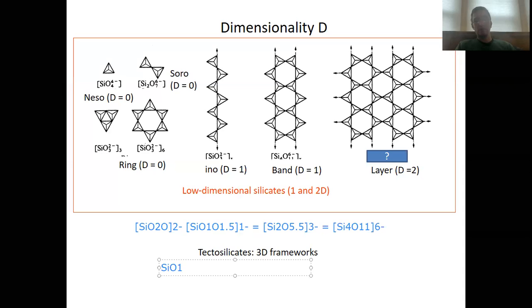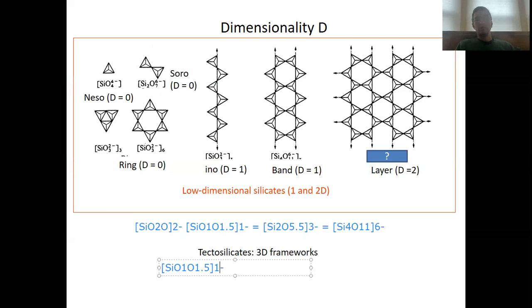So SiO1, O1.5. Now, what is the charge? Can anybody tell me the charge? The charge is determined by this one terminal oxygen here. Only that terminal oxygen carries a charge, so we have 1 minus.